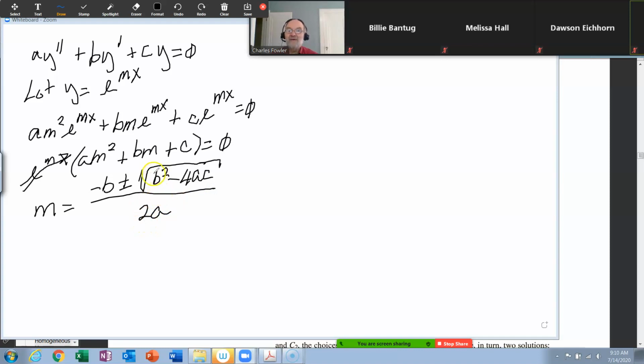Now, what if this discriminant was 0? That's what we're dealing with now, case 2. If b squared minus 4ac is equal to 0, you have one and only one real solution, and that would be minus b over 2a.